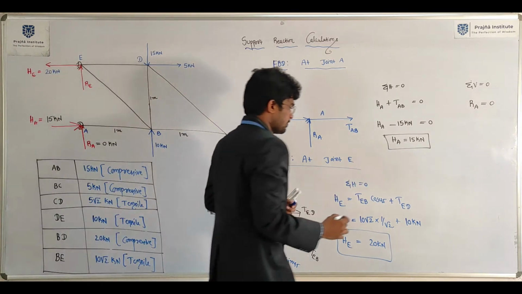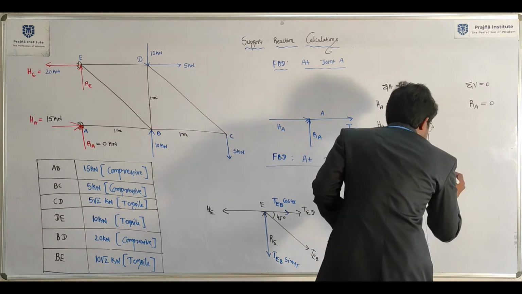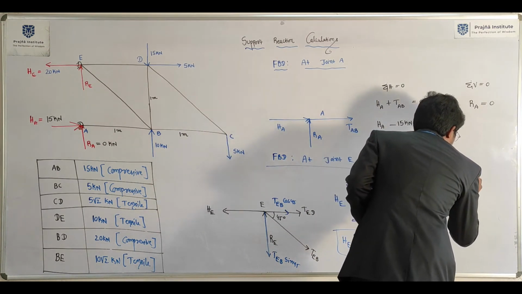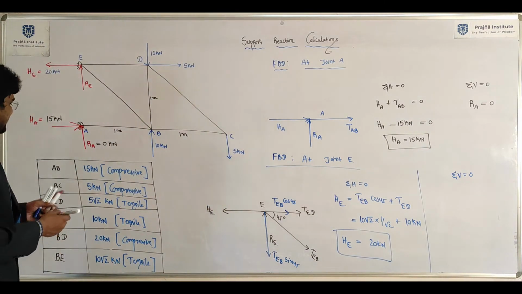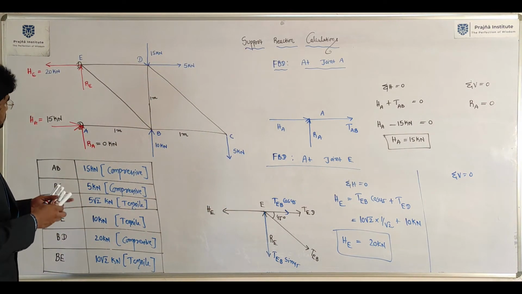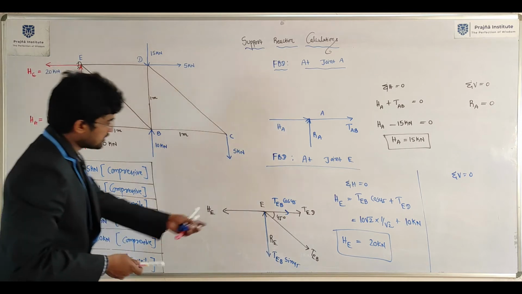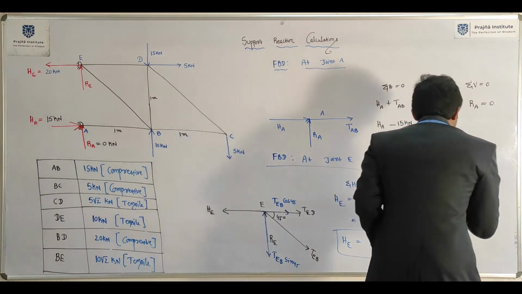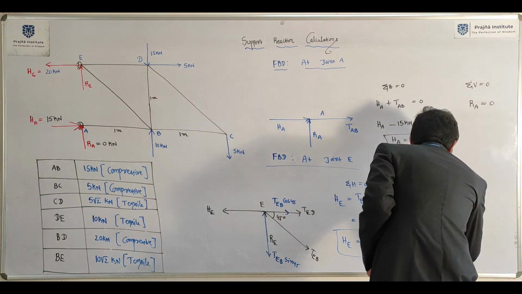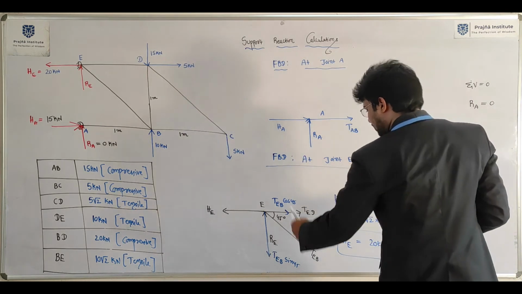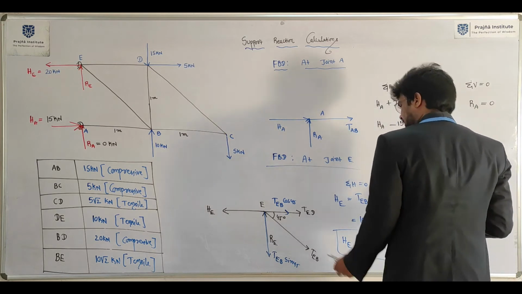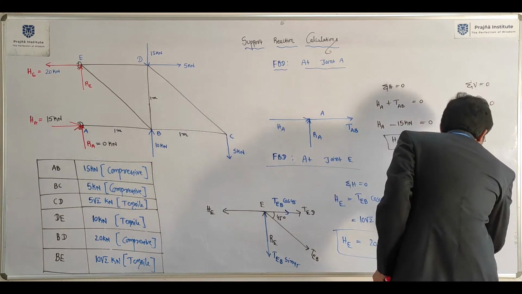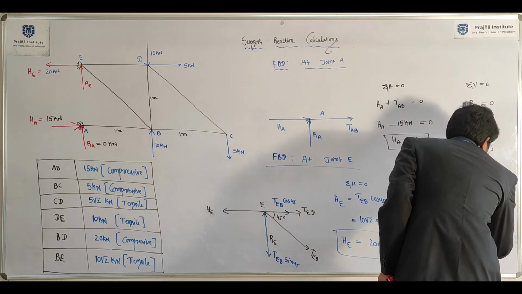Beautiful. Now, sigma V equals to 0. Here, RE equals to TEB sin 45.